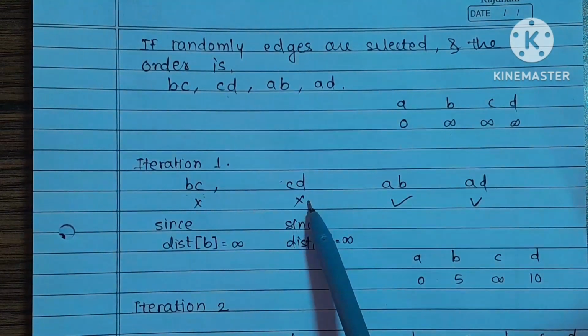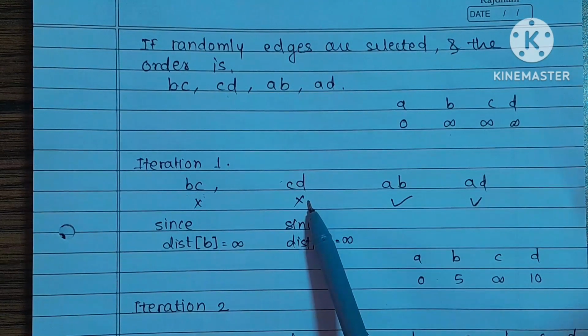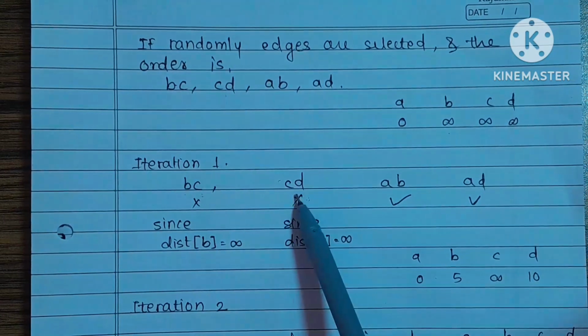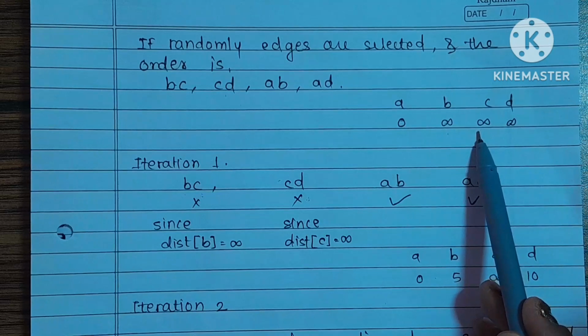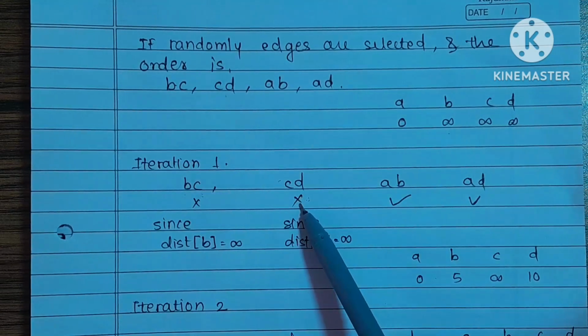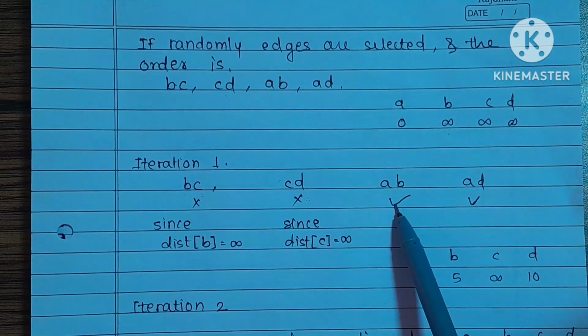Moving further, we come across the CD edge. With CD also, the distance of C is infinity, so again this will be ignored. Then we move further with AB.